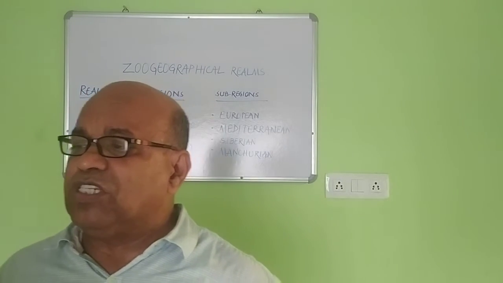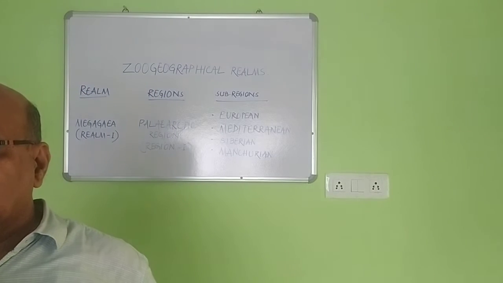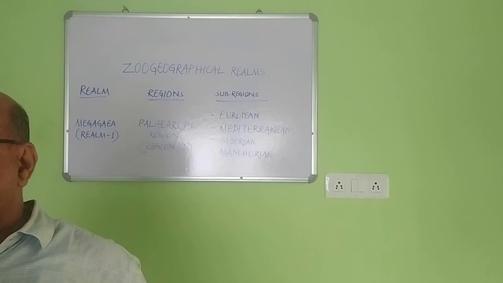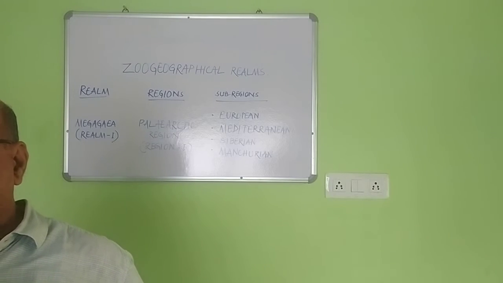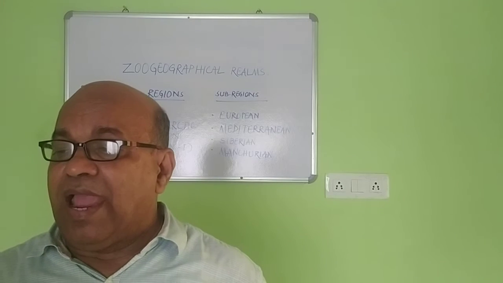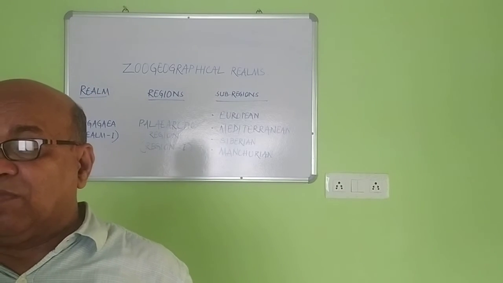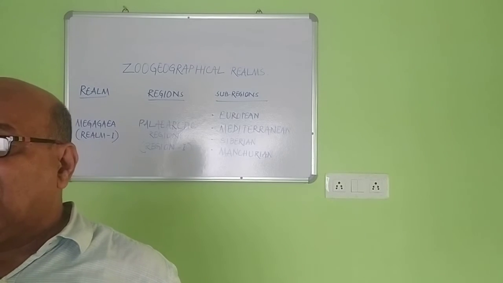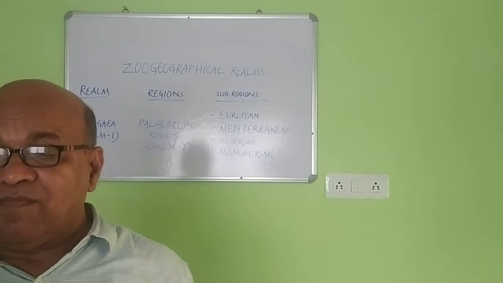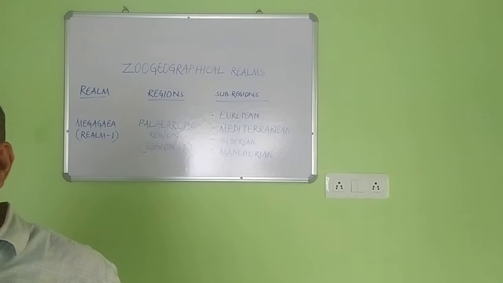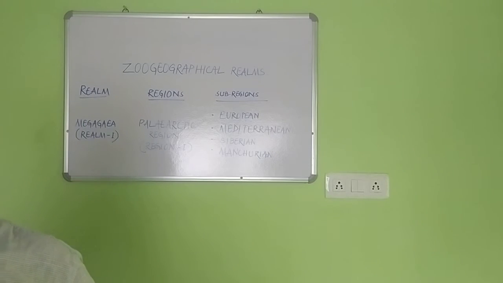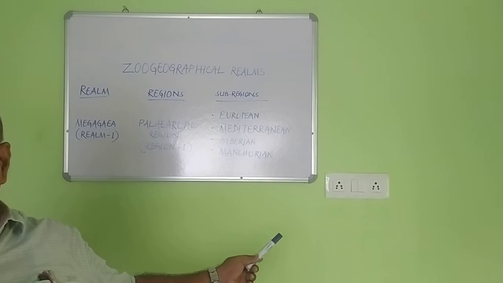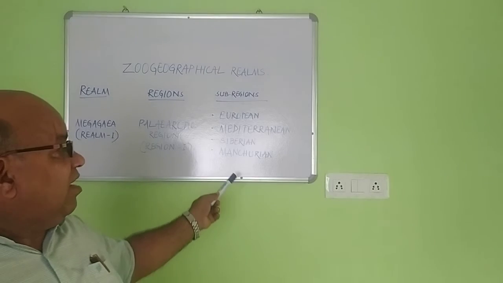It is the biggest realm, bounded by the sea in the west, north and east, and by the Sahara and the Himalayas in the south. This region shows a wide range of temperature and rainfall fluctuations, and it includes four sub-regions: European, Mediterranean, Siberian, and lastly Manchurian.